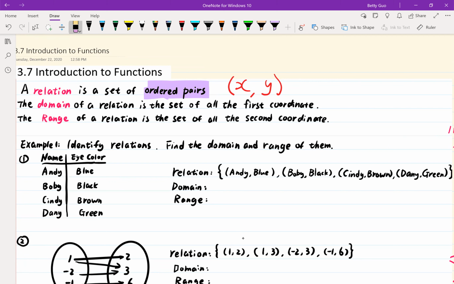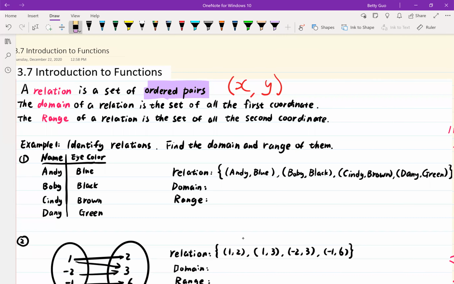The first pair corresponds to the information of Andy, Andy's name and his eye color, and following the other 3. Do you see that? That's how we write the information in the table as a set of ordered pairs. By the definition, the table does give us a relation. Does that make sense? Anything is very abstract. It's pretty abstract. Anything, if we can write it as a set of ordered pairs, that is a relation.